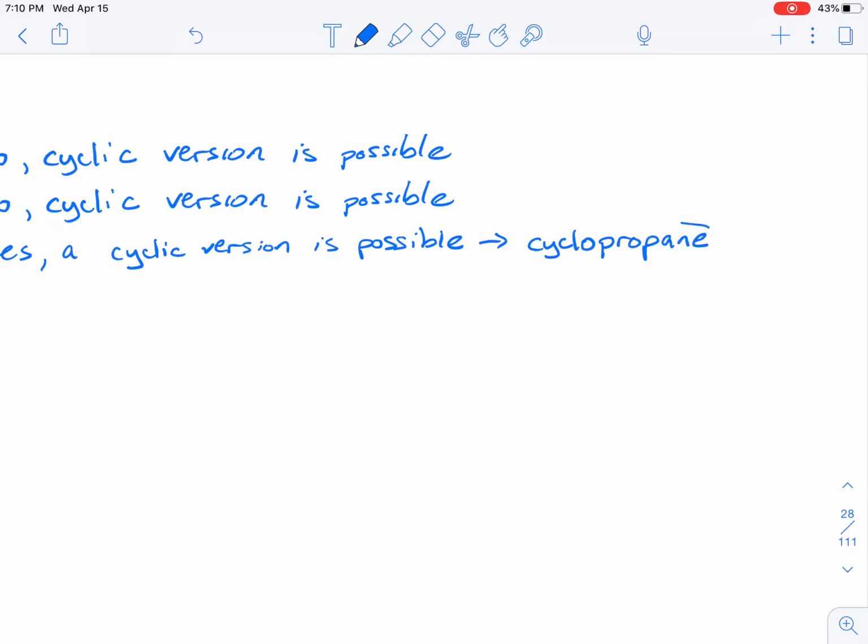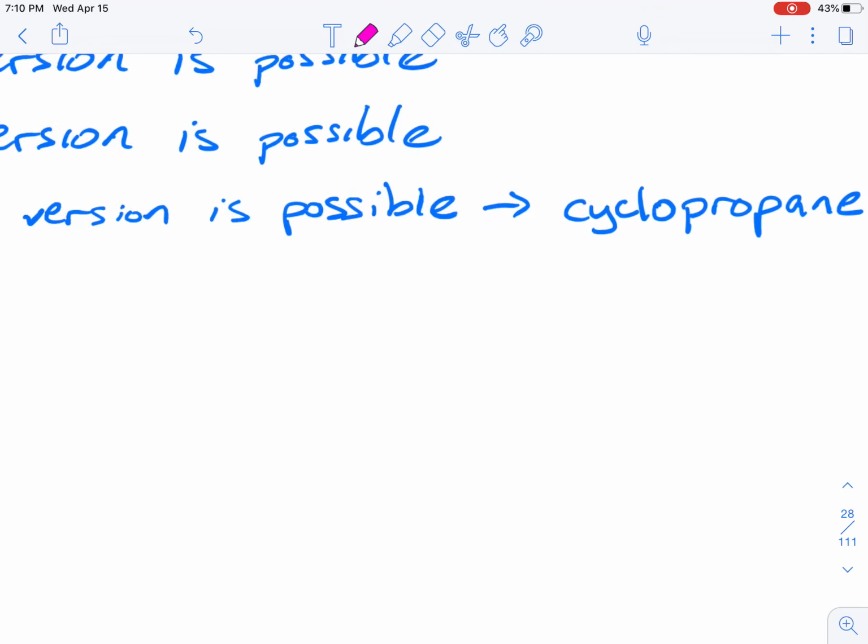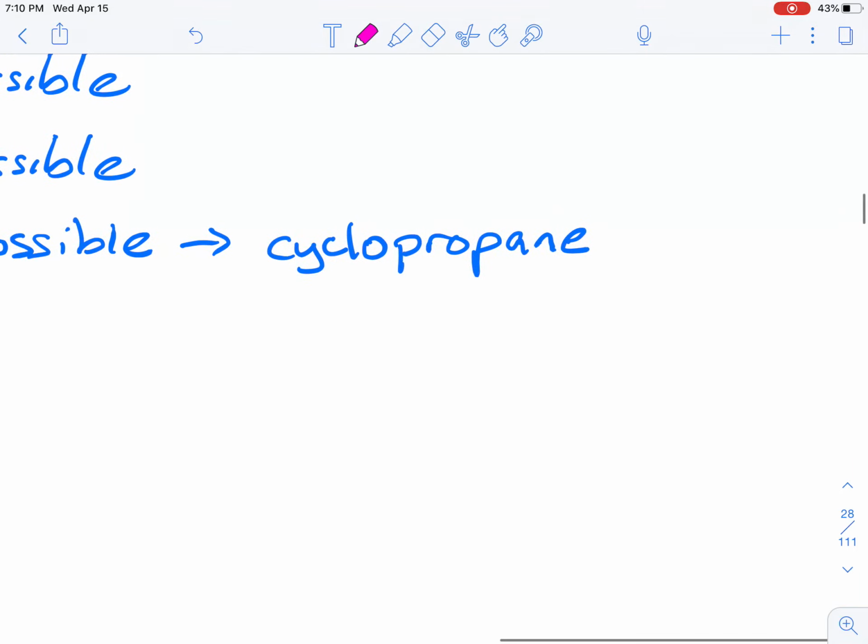Notice that I'm using this word propane to represent 3 carbons. The word prop tells me that there are 3 carbons.